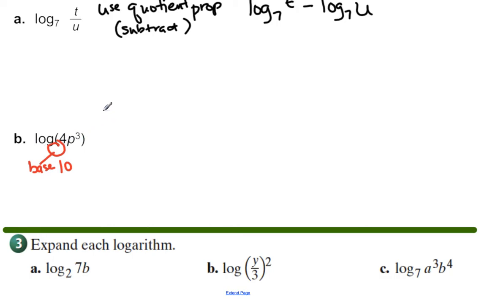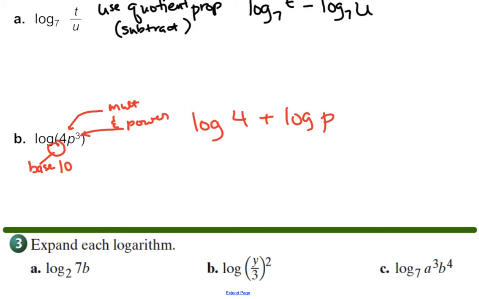Now here we have multiplication going on, and we have a power right here. The first thing we're going to work with is that multiplication. So this is going to give us log base 10 of 4 plus log base 10 of p cubed.